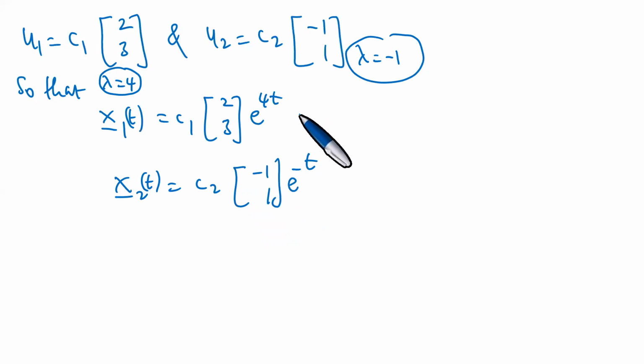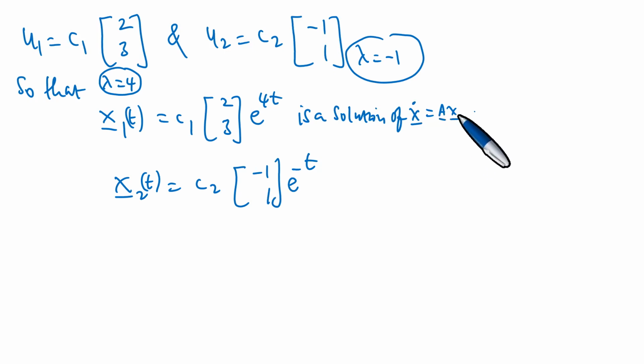So this one here is a solution of x dot equals Ax.